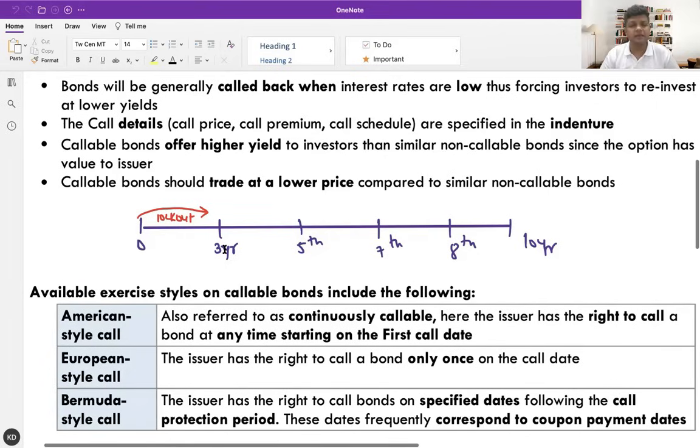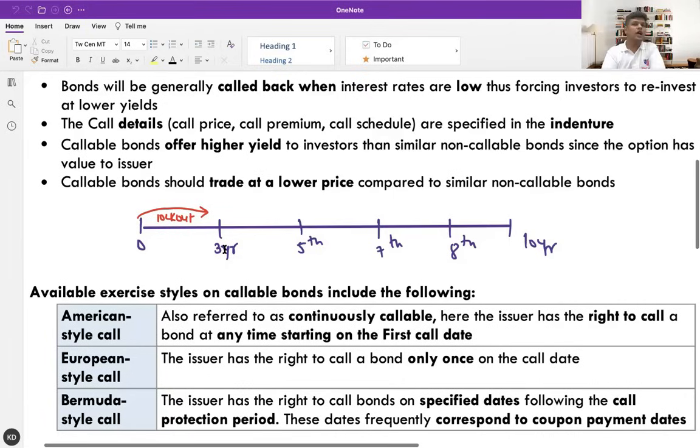So tell me one thing. If you are an investor and you have a choice to invest in a callable bond and in a non-callable bond, what will you prefer? Non-callable bond. Everyone? A non-callable bond, right?